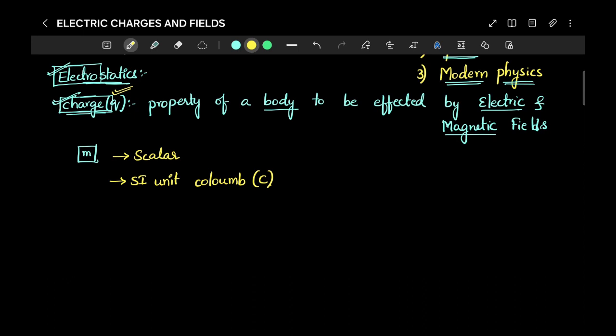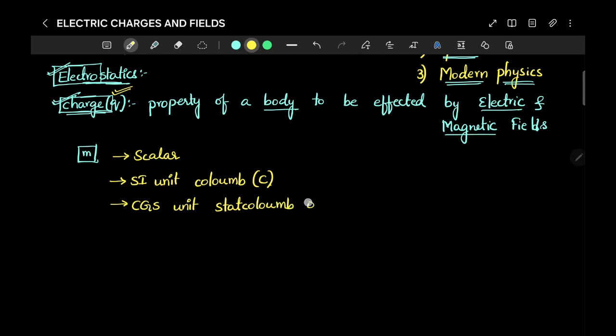And there is another one, the CGS unit. The CGS unit of electric charge is the stat Coulomb.